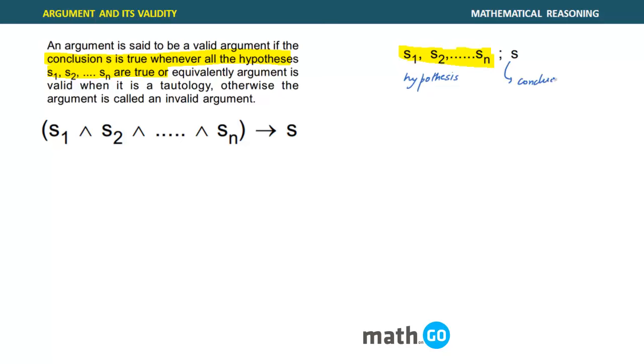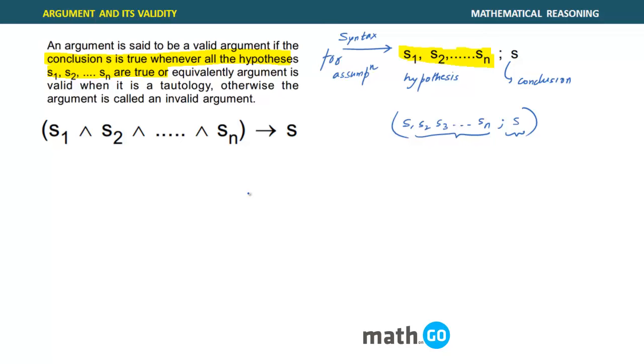If something of this sort is written, you can say this is the syntax for an argument. S1, S2, S3 up till Sn and then a semicolon with S. This is how you write it. These are the hypotheses and this is the conclusion.